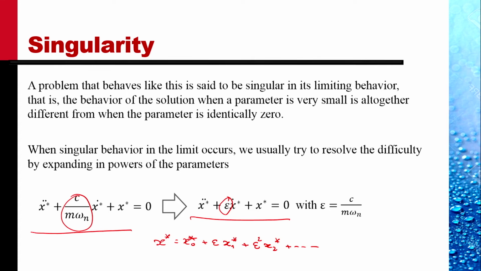We plug this x star into this equation and then set it equal to 0, and then get a series of equations by equating the coefficients of epsilon, epsilon square, epsilon cube separately.